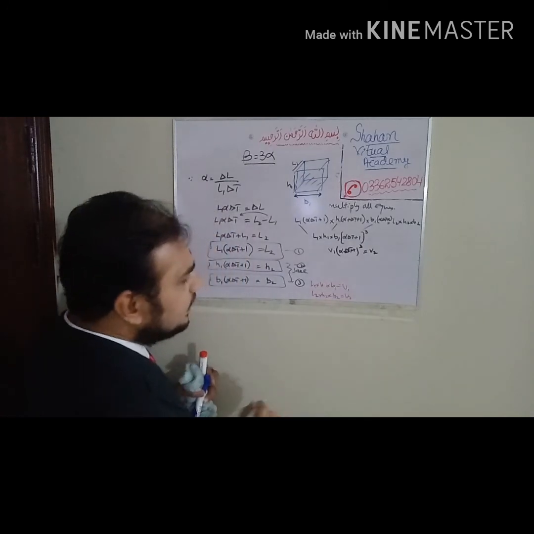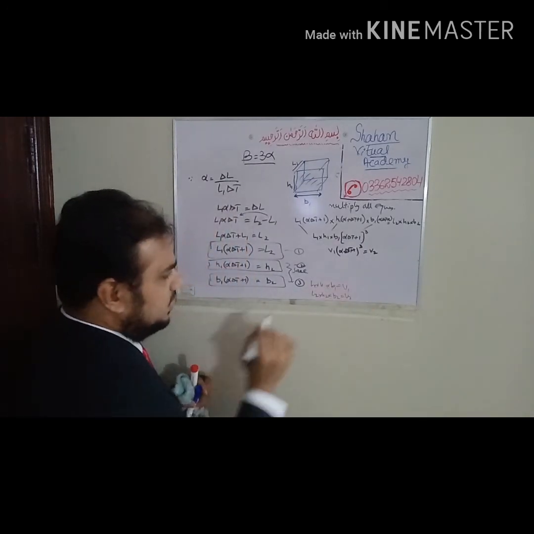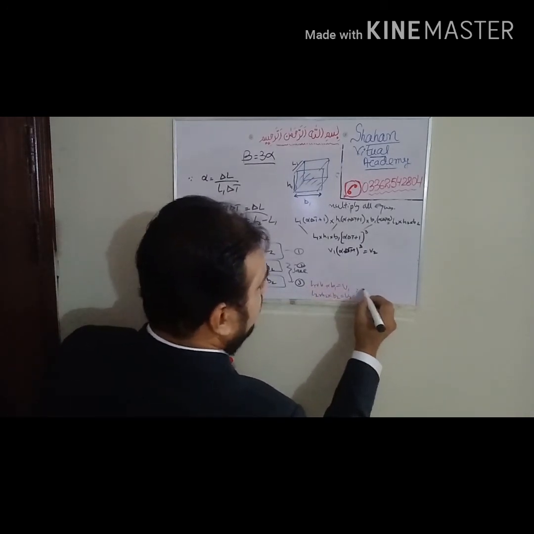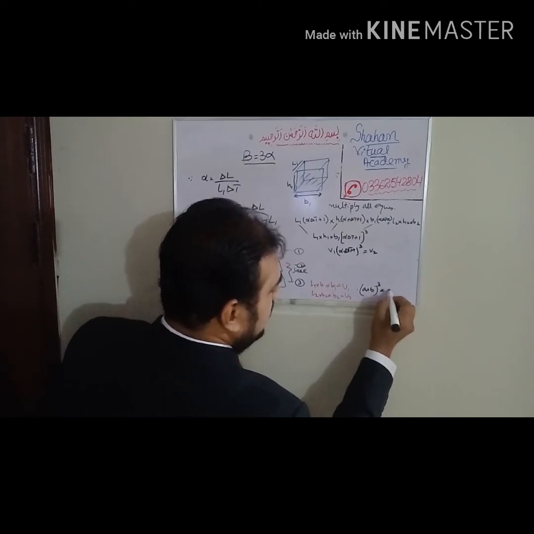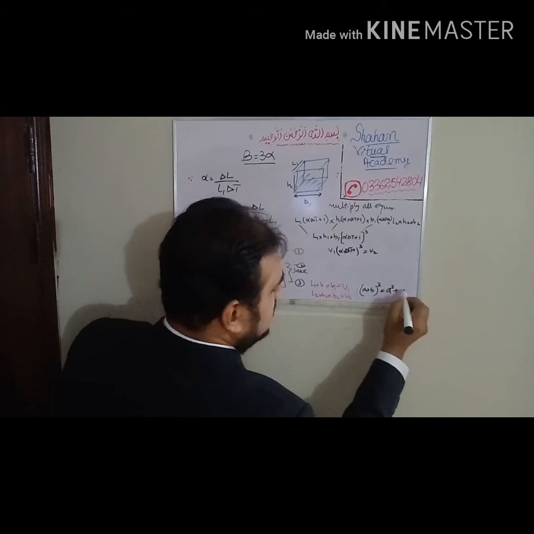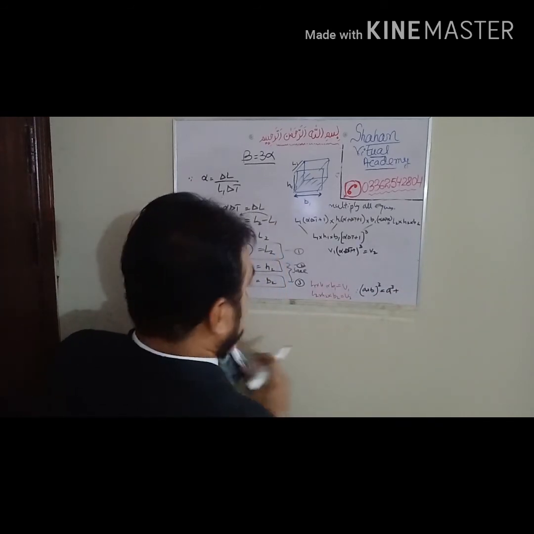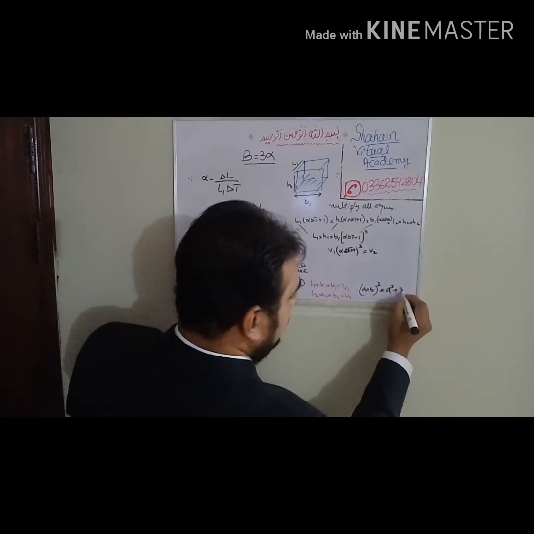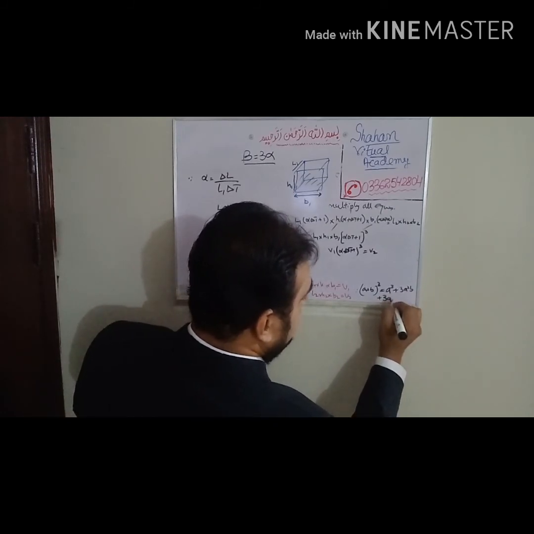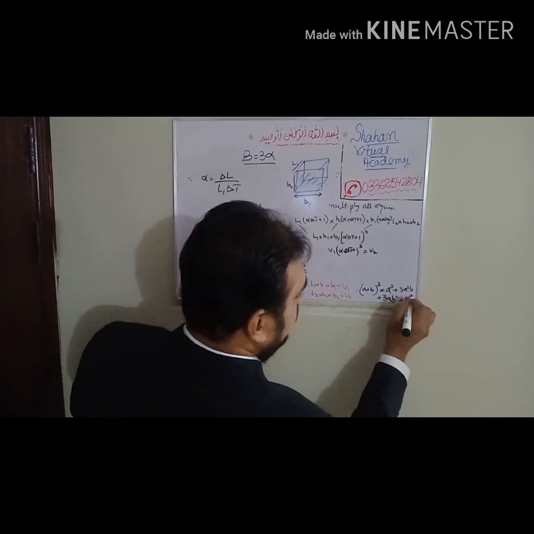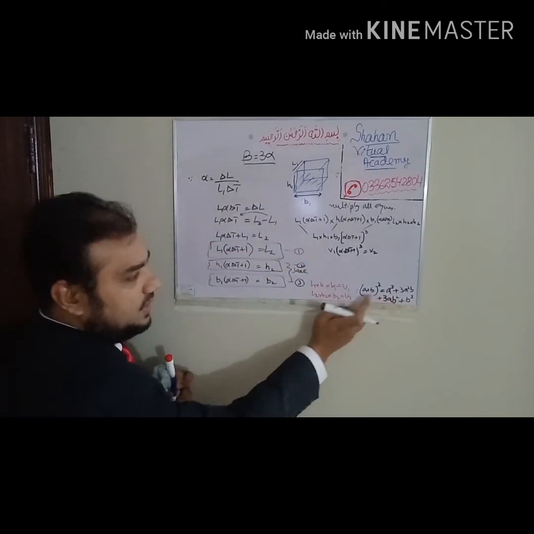Now we expand with the help of a formula. What is the formula of A plus B whole cube? A cube plus 3A square B plus 3AB square plus B cube. This is the formula of A plus B cube.